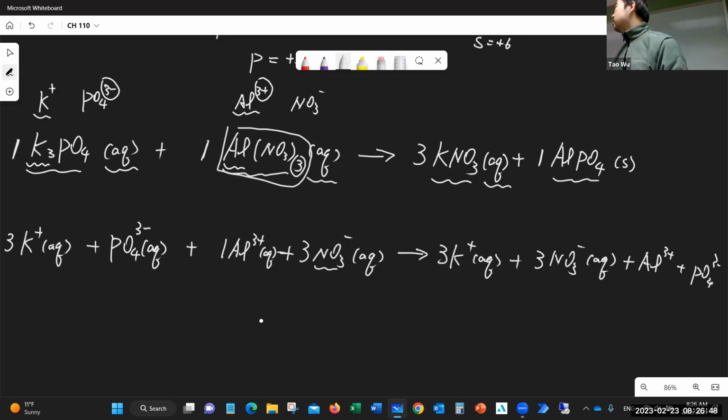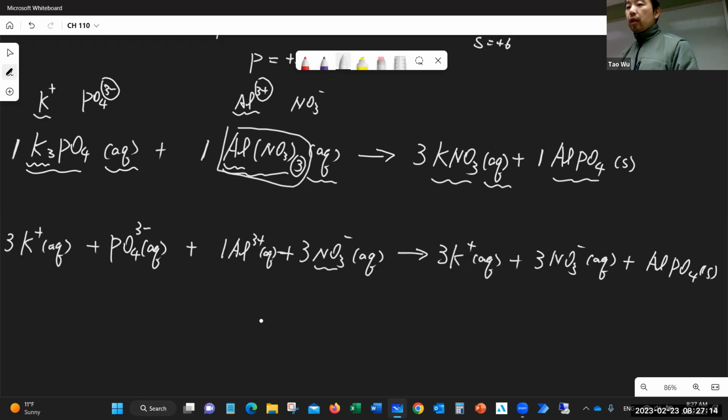Then why do we need to write this equation? It doesn't mean anything. It's just because this guy is a solid. It's not going to make a cation and anions. So that's why we can write net ionic equations out there.